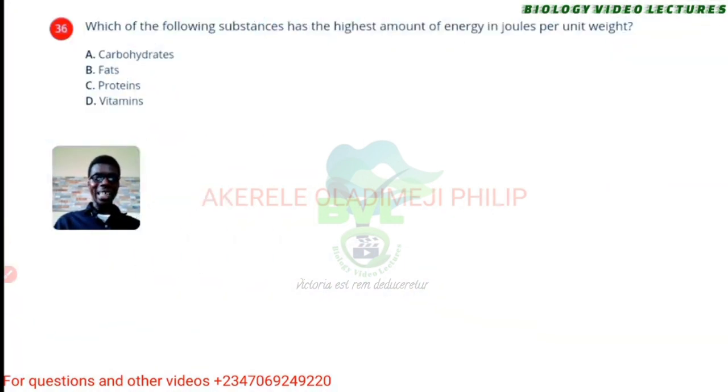Which of the following substances has the highest amount of energy in joules per unit weight? Well, let me say here that fats, of course, have the highest amount of energy, followed by proteins, then carbohydrates. So the highest is fat. That's why if you eat a food that has more fat in it, it takes you a longer time before you feel hungry, because it produces energy for you for a longer period of time as compared to carbohydrates.